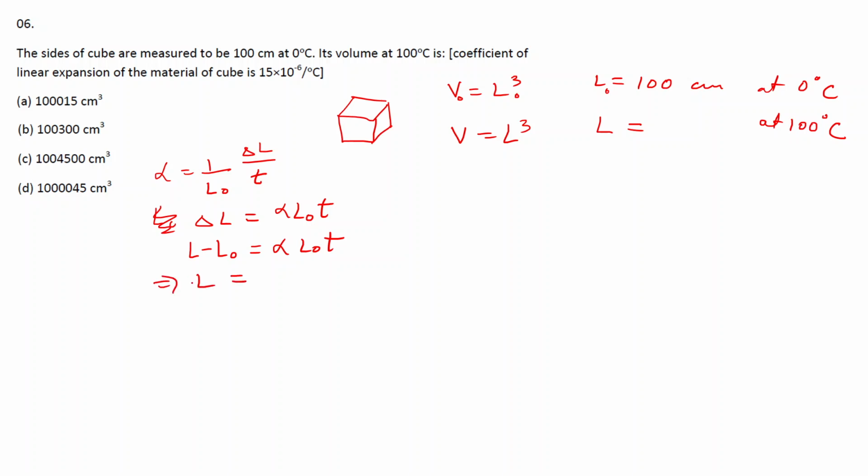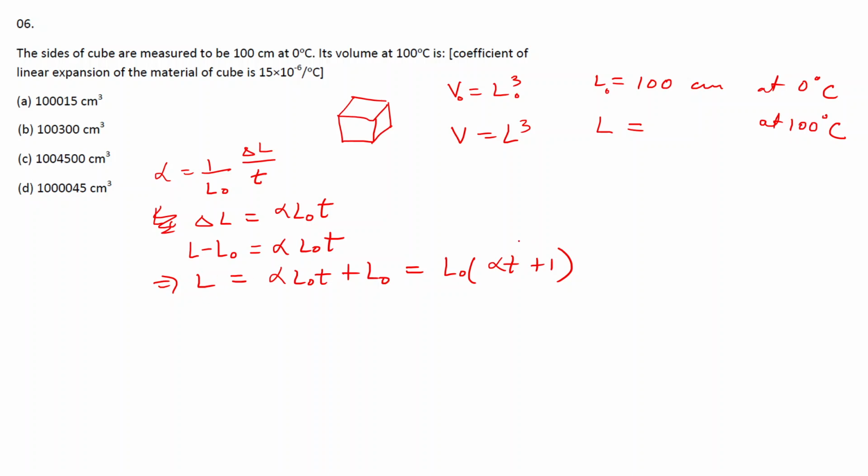That means the final length is alpha L naught T plus L naught. When I take out L naught common, I'll get 1 plus alpha T. So one thing is I can calculate this capital L. I know L naught value, which was 100 centimeter. Alpha value we have been given, and temperature difference is 100. So I can calculate L from this, and then I can take cube of that.